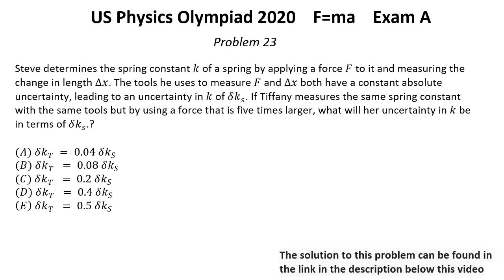If Tiffany measures the same spring constant with the same tools, but by using a force that is 5 times larger, what will her uncertainty in K be in terms of delta Ks?